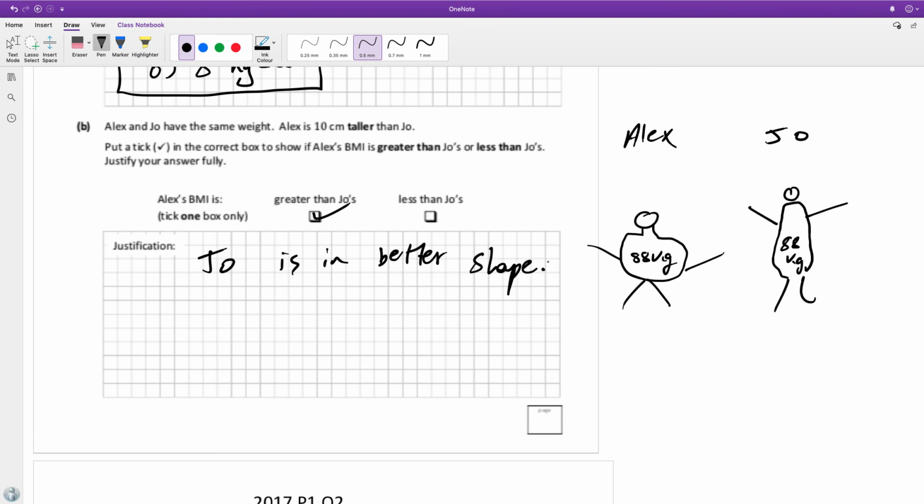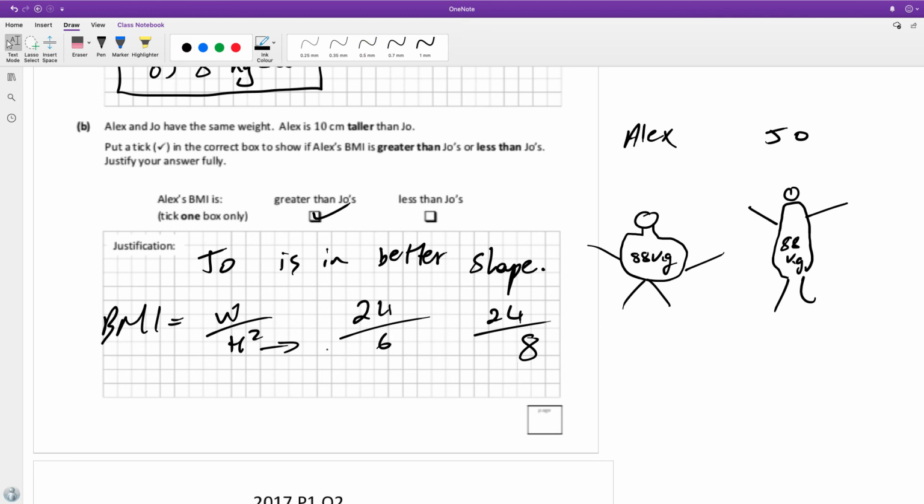Also, because your BMI is equal to W over H squared, if Joe's H is going to be greater because he's taller, you're dividing by a bigger number. For example, 24 divided by 6 and 24 divided by 8, this is going to be a smaller number, 24 divided by 8, isn't it? Less than 24 divided by 6. And the smaller the number, the better you are. Is that okay?